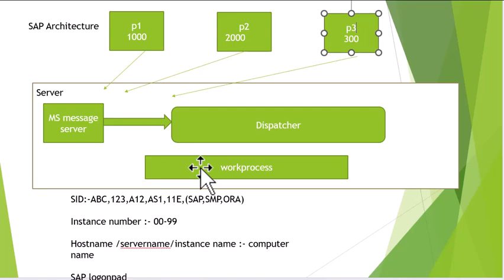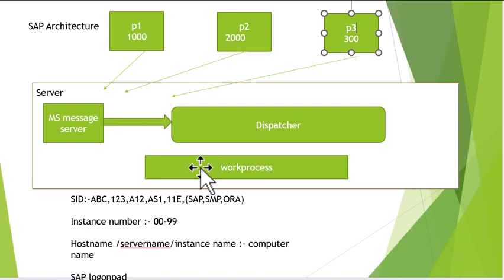If it is a different SAP system, then you will have 100 different SAP systems like ABC, 123, and so on. And always remember, in one single server, your instance number and your SID will be unique. If you are going for different SAP systems in a single server, then your SID will be unique.